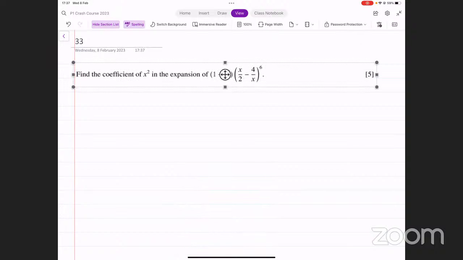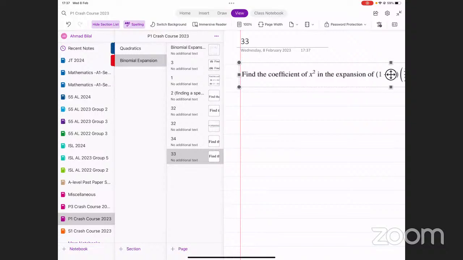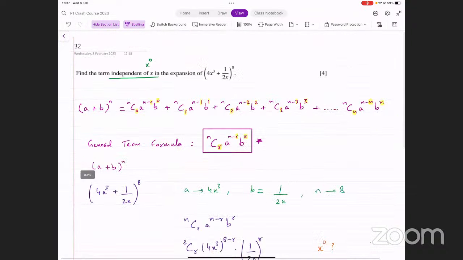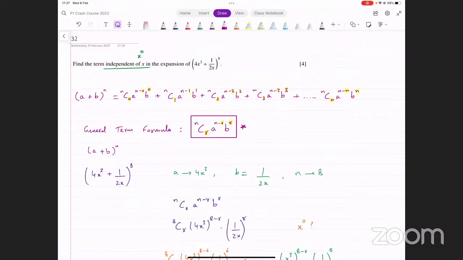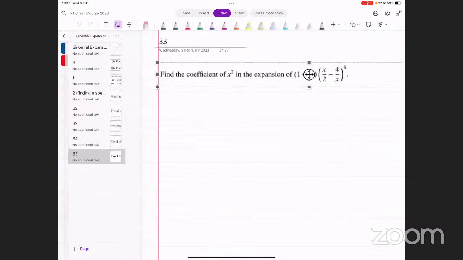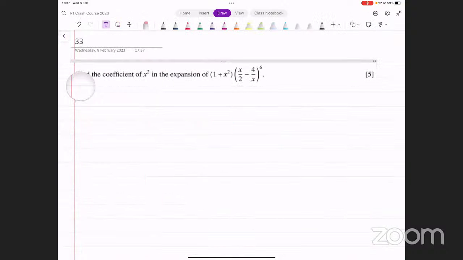Okay, this is question number 33 from the worksheet. Let me copy the formula here as well. Now I'm going to be using this first method. This is much easier, just expanding it like you normally do. So let's do that. Okay, this is the formula that we've got.